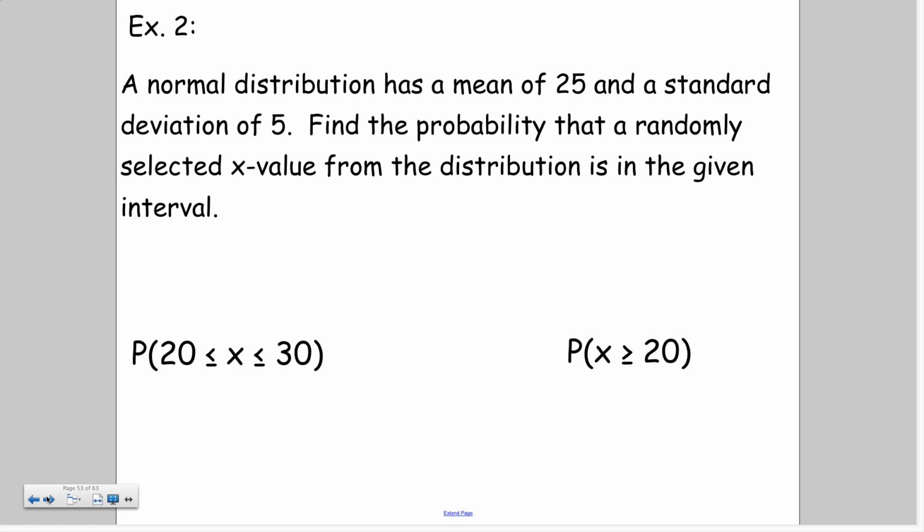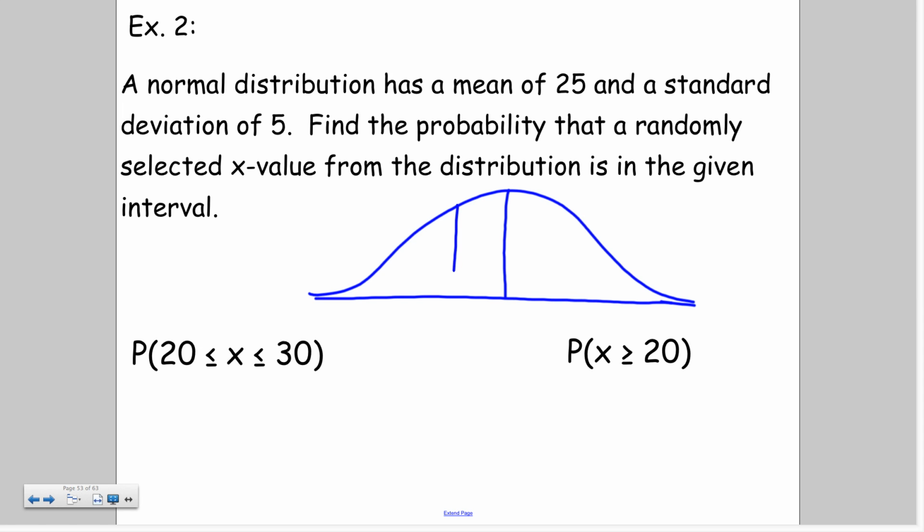All right. So a normal distribution has a mean of 25 and a standard deviation of 5. So let's go ahead and draw that out. So let's do our bell-shaped curve. It's not going to look exact every time, but I have a mean of 25 and a standard deviation of 5, so add 5: 30, 35, 40.